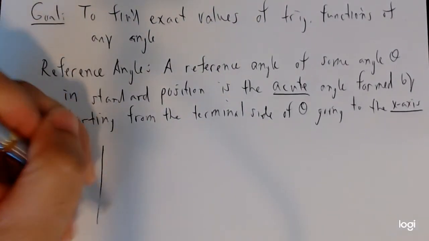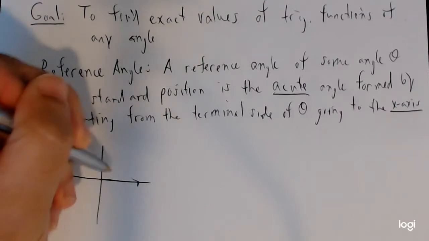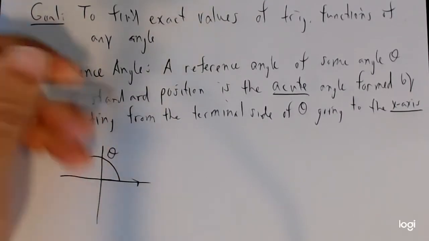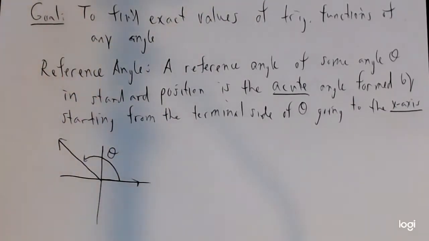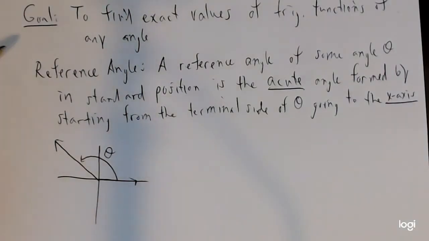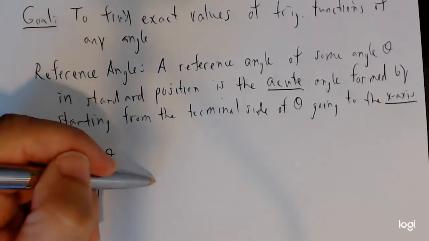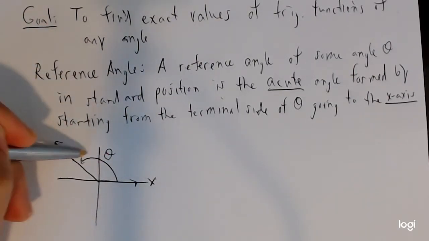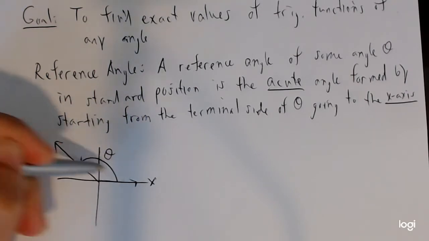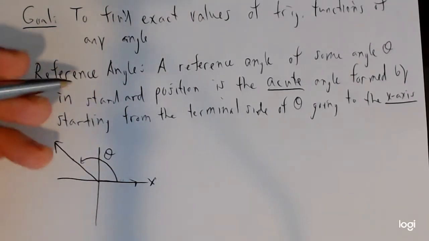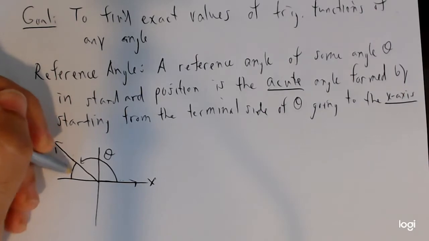So let's visually describe what's going on here. If I have an angle theta, let's pretend my theta puts me in quadrant 2, for instance. So I draw my theta in standard position. Now to identify my reference angle, I start from the terminal side of theta. Now there's two ways I can go to the x-axis, right? Because this is the x-axis. It's either this way, which I don't want to go, because that's not an acute angle, which means I need to go this way.